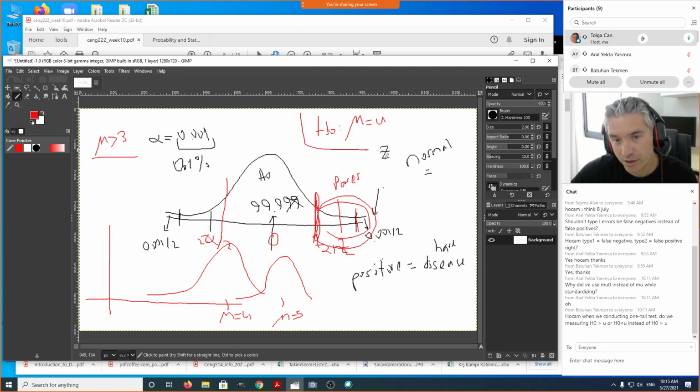The null distribution always has to be an equality, and the main reason is that if your null is mu greater than 3, the null distribution will be a collection of infinitely many distributions, and you cannot test against a specific distribution. That makes it not possible. That's why it has to be an equality. All right.